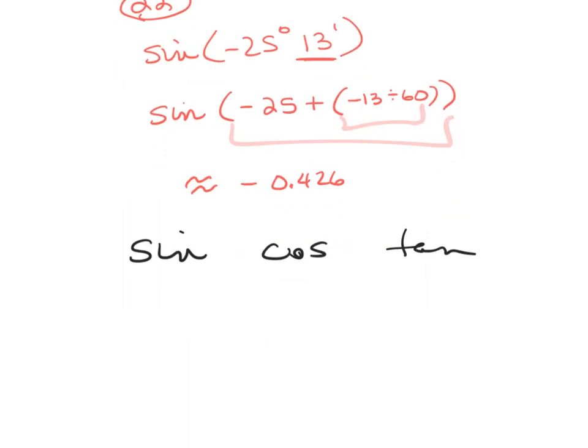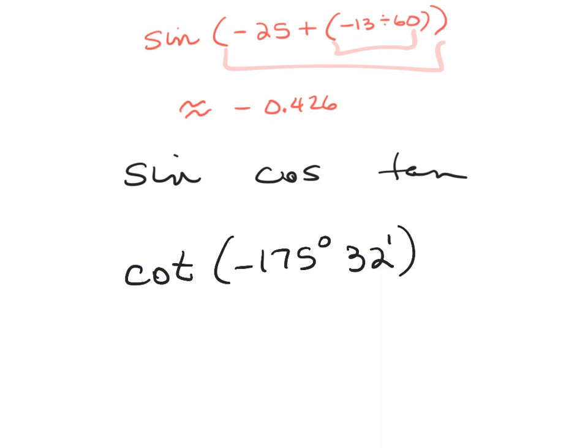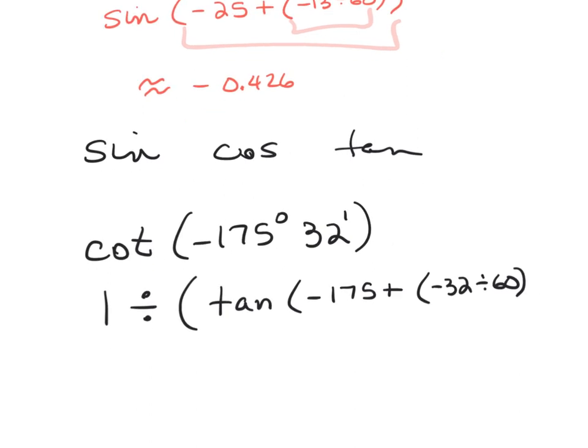Okay, so for example, if I said to do the cotangent of negative 175 degrees 32 minutes, then what I need to do, because it's the reciprocal of tangent, I'm going to do 1 divided by, and then tangent, and then it'll open up a parentheses, negative 175 plus, make the 32 negative again, divide that by 60, close that parentheses, close that one, and the beginning one.